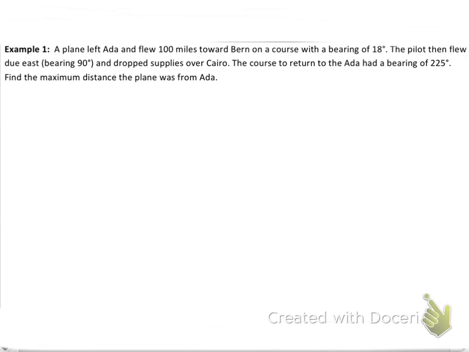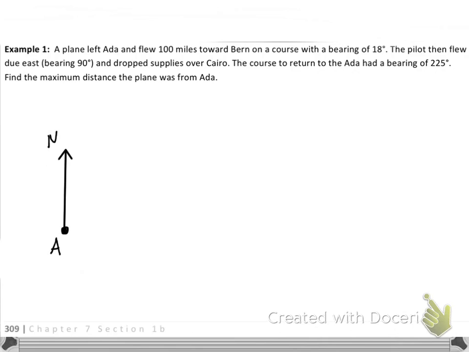I'm going to put a little line pointing to north. So that's north. This is just to help me draw it as correctly as possible. And I'm going to say Ada's right here. I'm going to call it A for Ada. I'm going to shift this up a little bit. I don't know why I wrote it so low. We'll put it there.